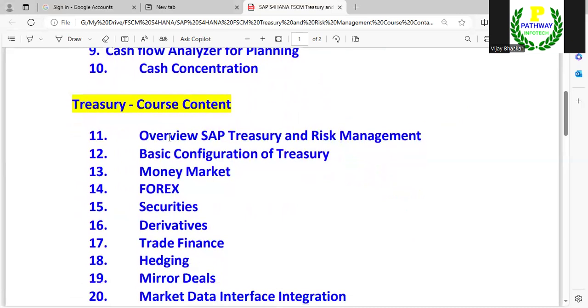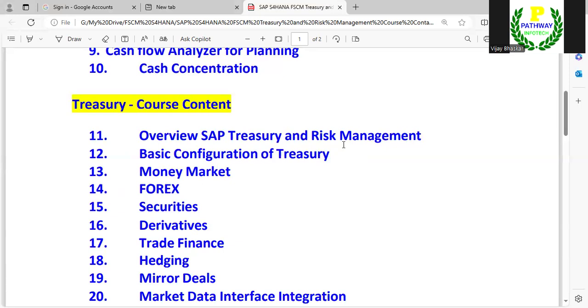Under treasury, an overview of treasury, what corporate treasury is, and how it helps organizations mitigate risk, whether it is working capital management, interest rate risks, or forex rate risks.